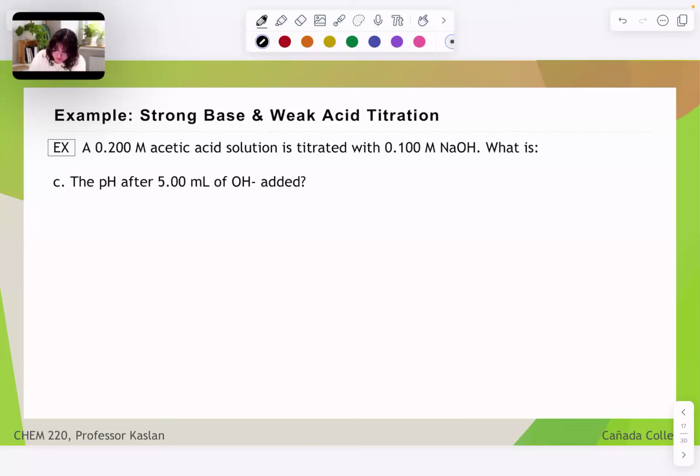So we've got our little sample of acetic acid. So let's remember that our concentration of acetic acid initially is 0.040 molar.